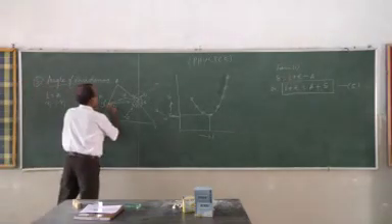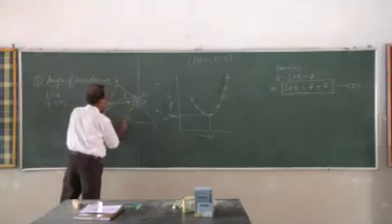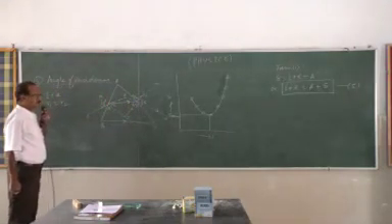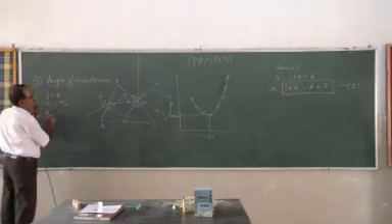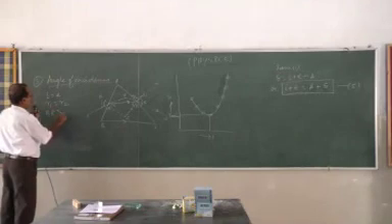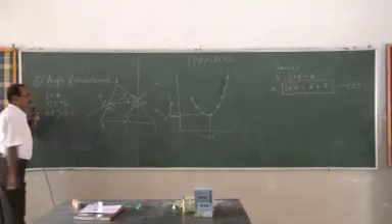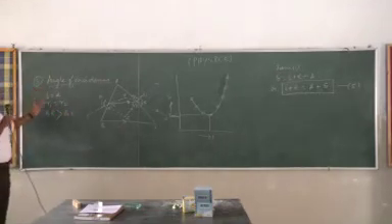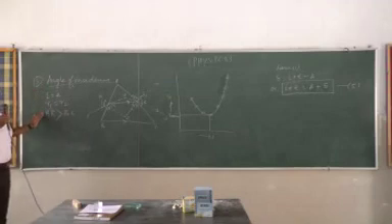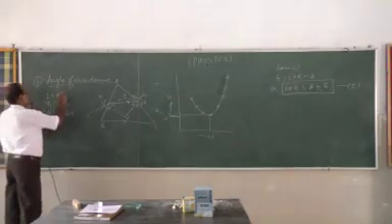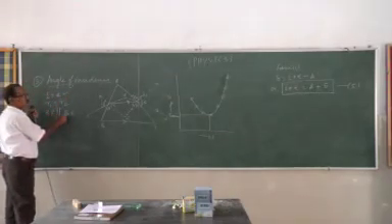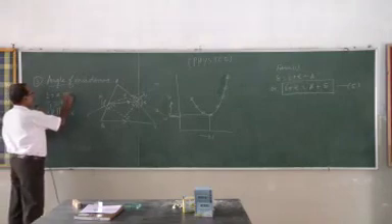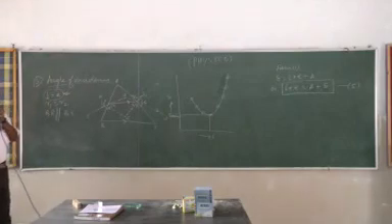And the refracted ray QR will be parallel to the base BC. So these are the conditions for minimum deviation. QR is parallel to BC. So the more prominent case is I is equal to E.